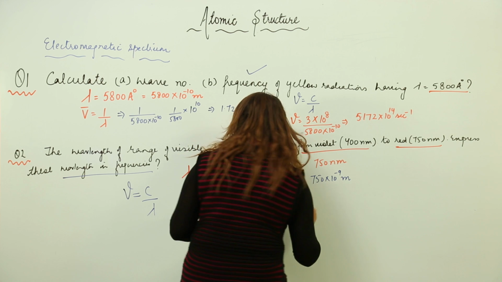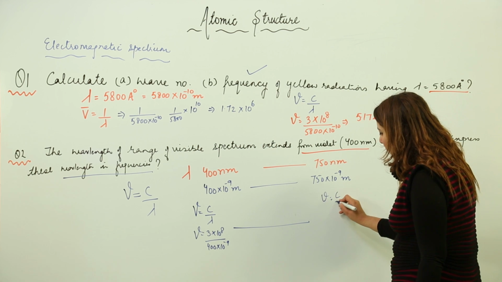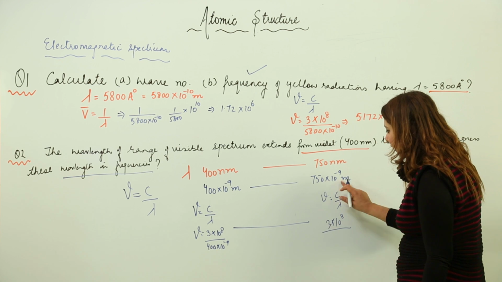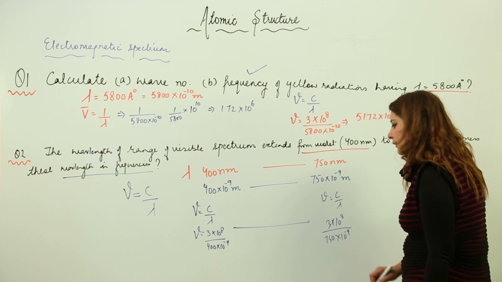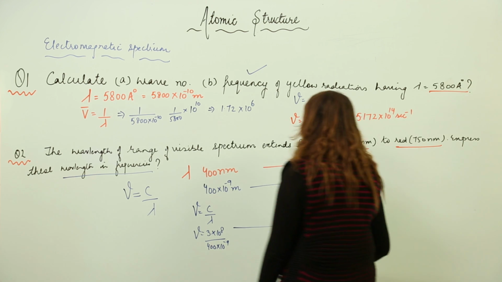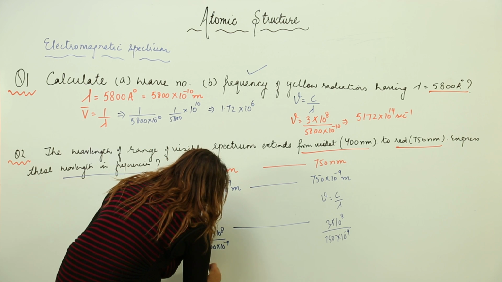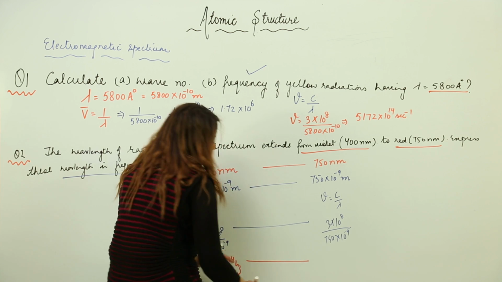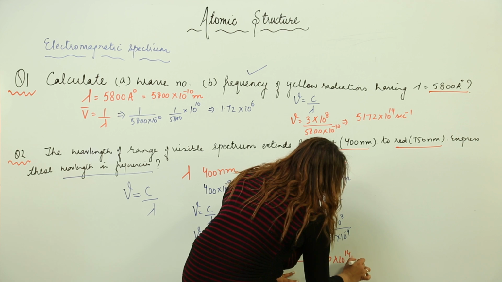And here again the same relation, nu is equal to C over lambda, where C is again 3 into 10 raised to power 8 and lambda is 750 into 10 raised to power minus 9. When you solve it, you will get an answer equal to 7.5 into 10 raised to power 14 hertz extending to 4.0 into 10 raised to power 14 hertz.